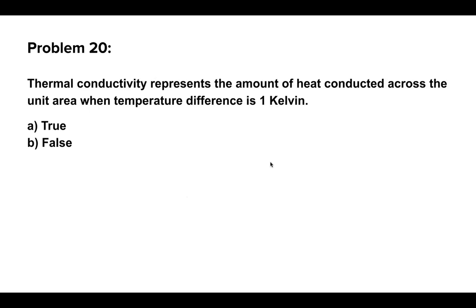Next question. Thermal conductivity represents the amount of heat conducted across a unit area when the temperature difference is 1 Kelvin. Is that right? Yeah, this is right, because you have the equation which we tried to solve earlier, where Q was equal to k A delta T divided by L, right?